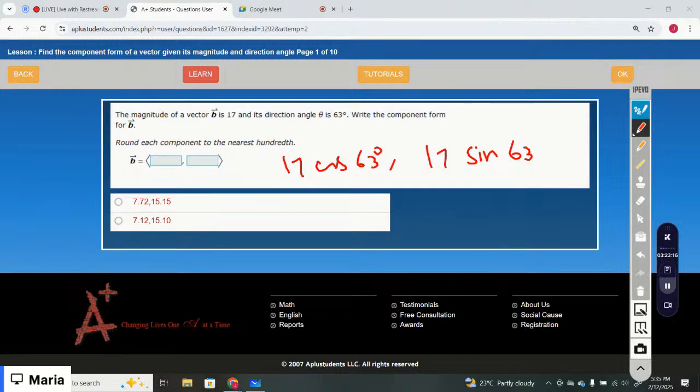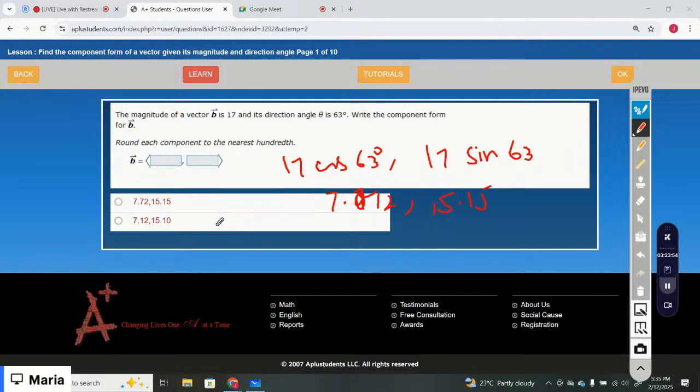Cos 63 times 17 is 7.12. Sorry, 7.712. And now sine 63, that is 0.8910 times 17, that is 15.15.